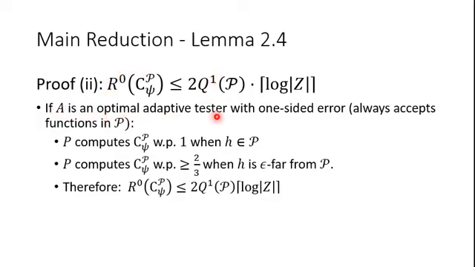So if A is an optimal adaptive tester with one-sided error, which I'm reminding means that it always accepts functions in P, then the protocol P computes CP psi with probability 1 when H is in P. I'm reminding that CP psi returns 1 if and only if A accepted H. And P computes CP psi with probability at least 2/3 when H is epsilon-far from P. So this matches the requirement that it only makes errors when the outcome is 0. So then we immediately get the same relation that we saw before.